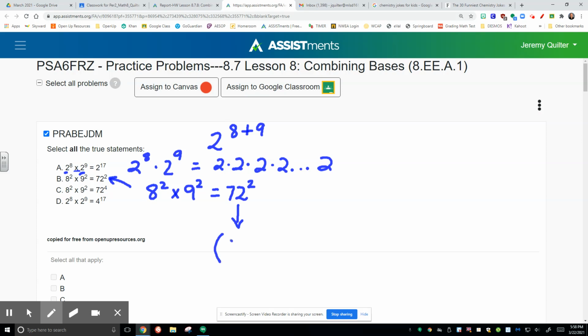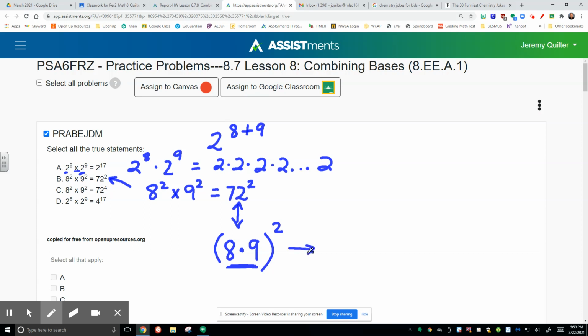When we look at the factors of 8 and 9 and we multiply them together, we get a product that's actually equal to 72. When we put a squared value outside of that, we're still saying that this value right here inside the parentheses is 72 and it's raised to the second power.